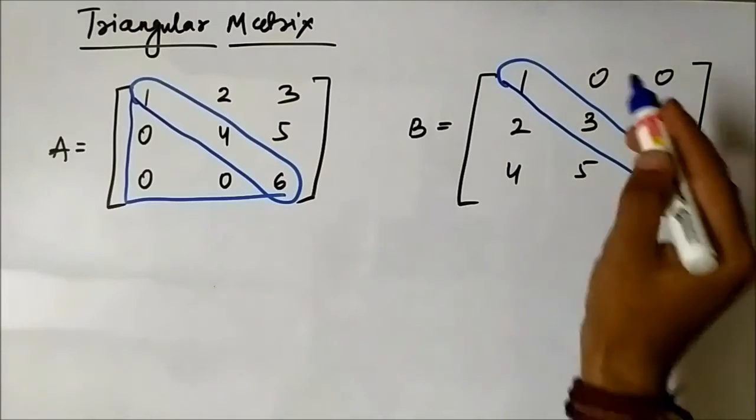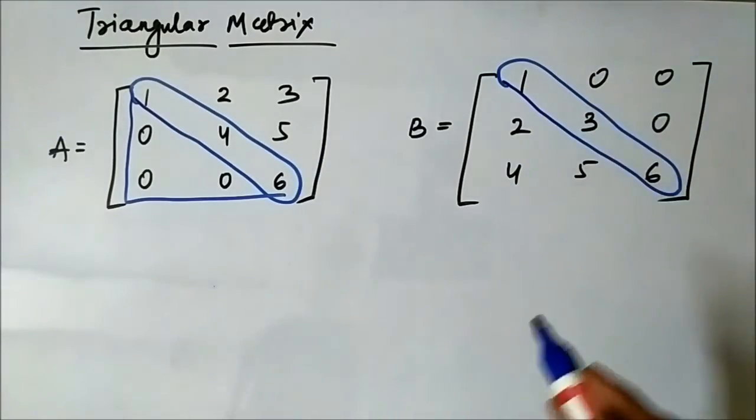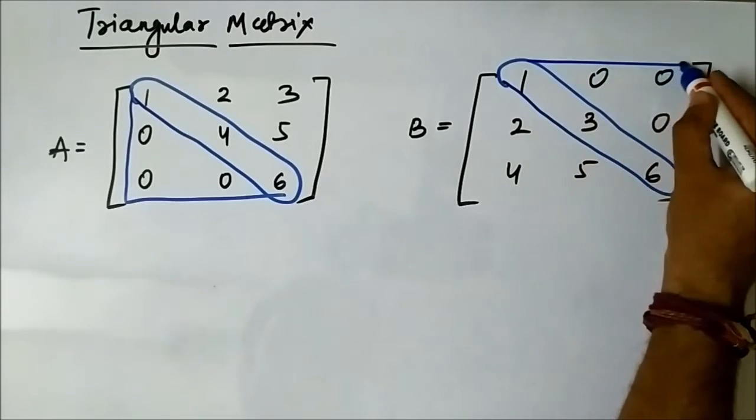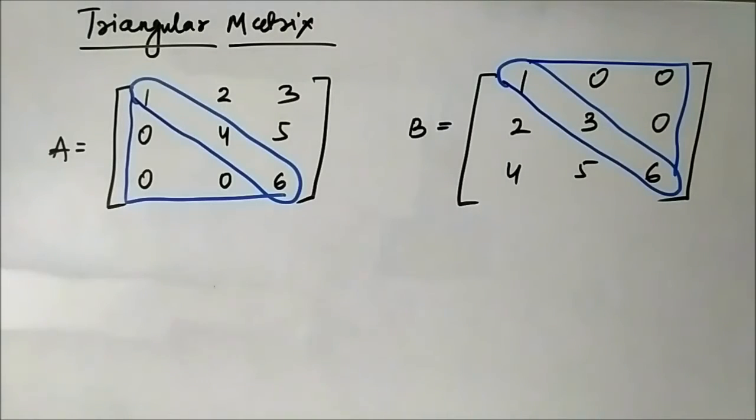Similarly, for matrix B, all the elements above the principal diagonal or the leading diagonal are 0.